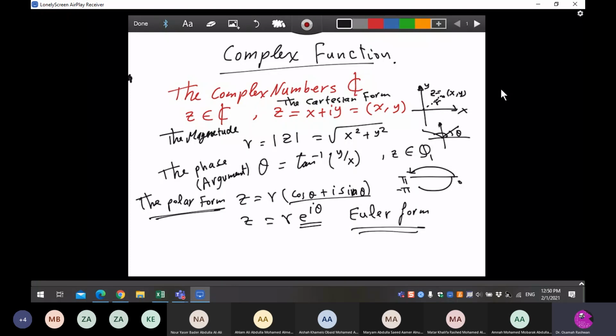Why am I just repeating this one? Because exactly the construction of the complex function will be similar to the complex number. Okay, I just remind you, you have f of x is a real function.